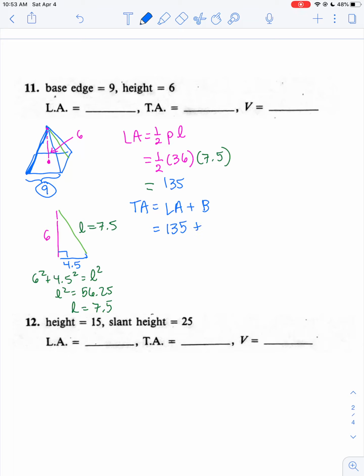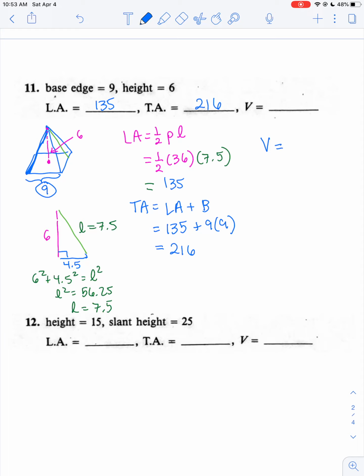So the lateral area is 135 plus the area of a base, which is a square, so 9 times 9, or side squared. From that, you get that your total area is equal to 216. So 216 here, 135 here.